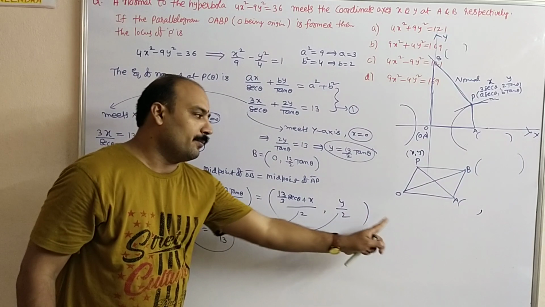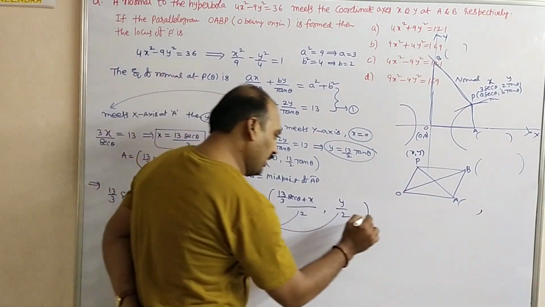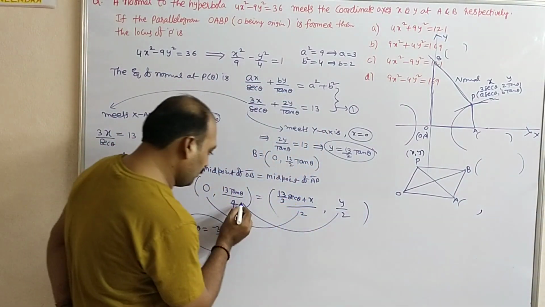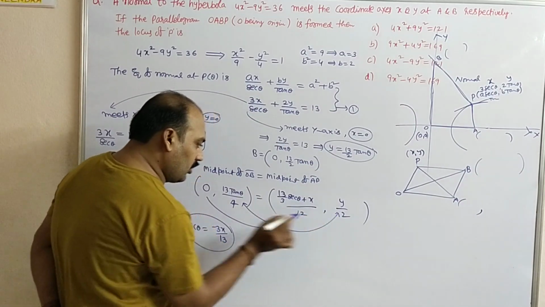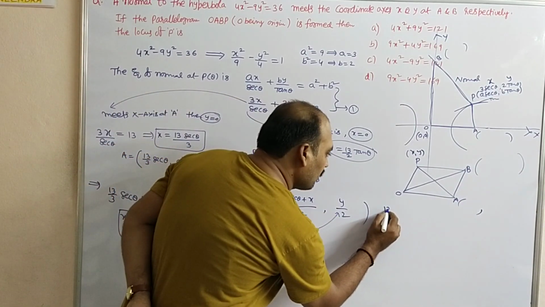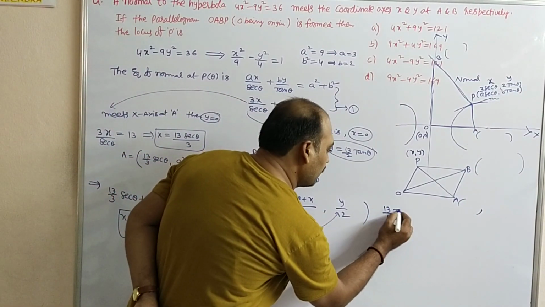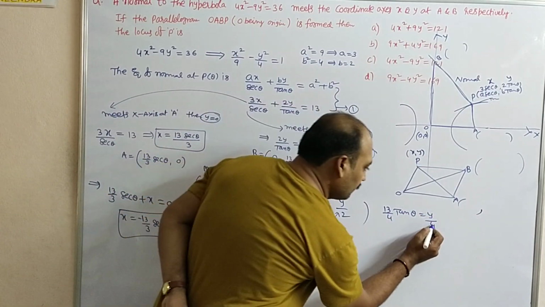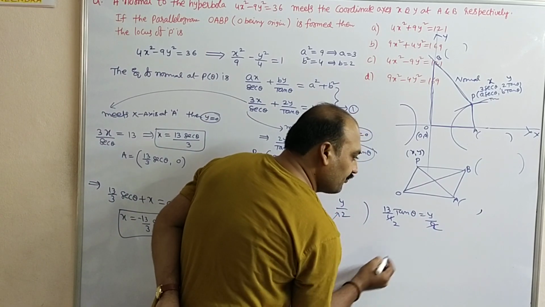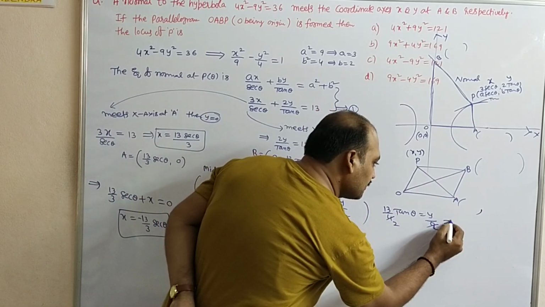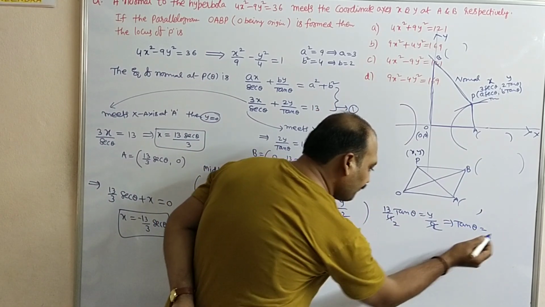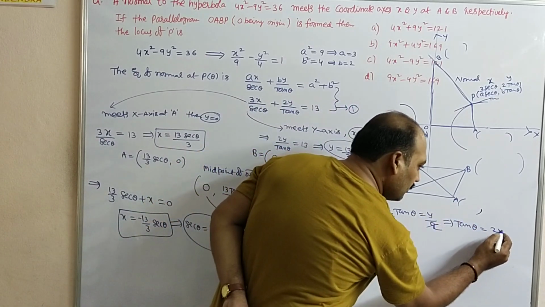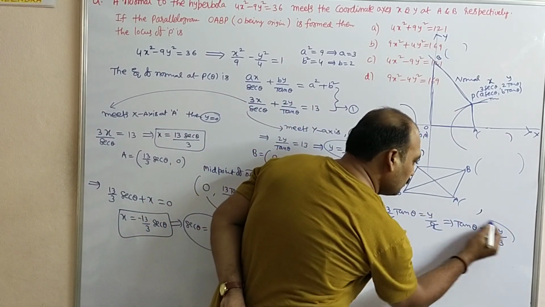Similarly, you have to compare y coordinates. Comparing y coordinates, we get 13 by 4 tan theta is equal to y by 4, y by 2. From this, make tan theta the subject. So tan theta equal to 2y divided by 13.